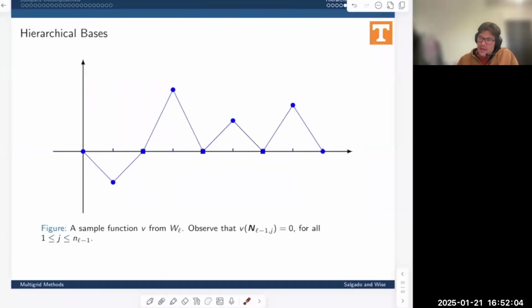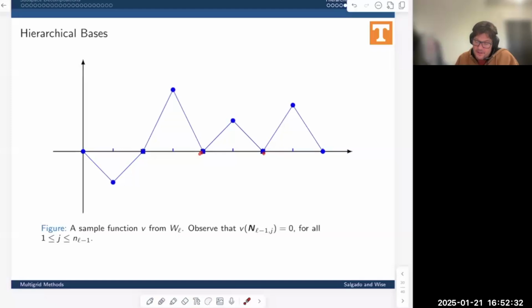Now, what about the hierarchical functions? Well, here's a sample of a hierarchical function. In fact, this is like a W, this would be like W2, okay? So if I look at a function from W2, L equals 2, what I'm going to do is take the degrees of freedom that were associated to the coarse grid.